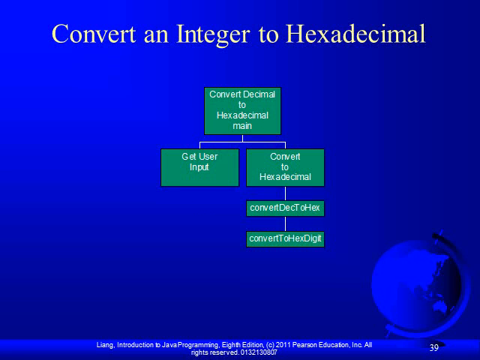So modularity and top-down program design go hand in hand. This problem to convert an integer to hexadecimal is implemented in section 5.7 in listing 5.8. Hexadecimal is base 16.